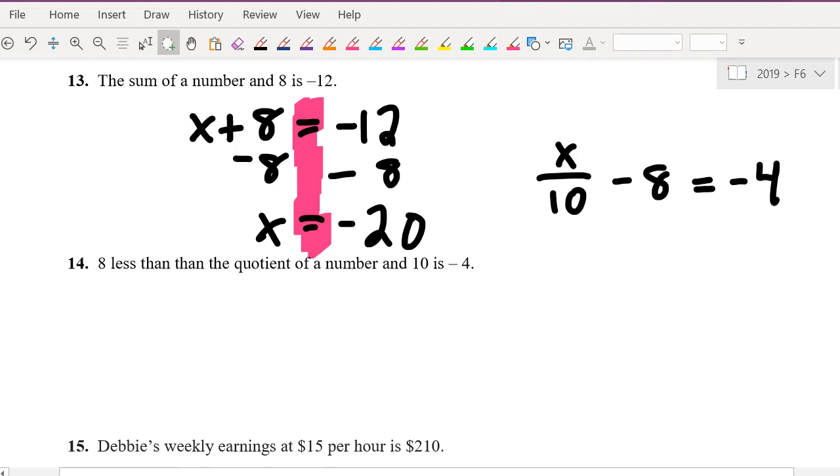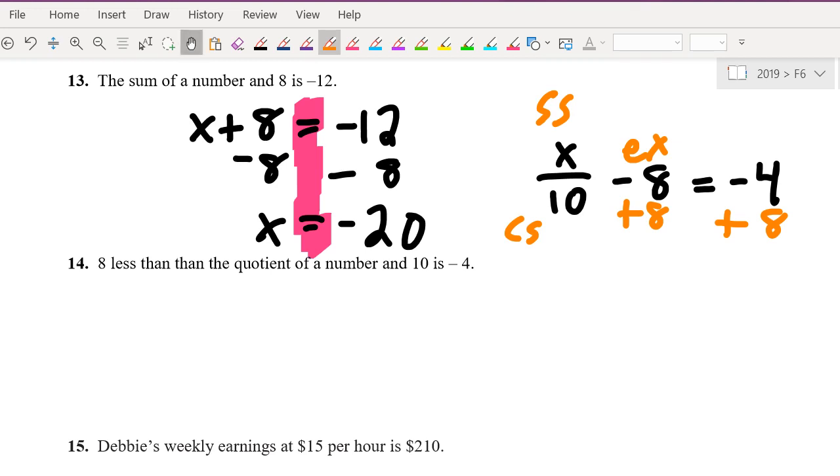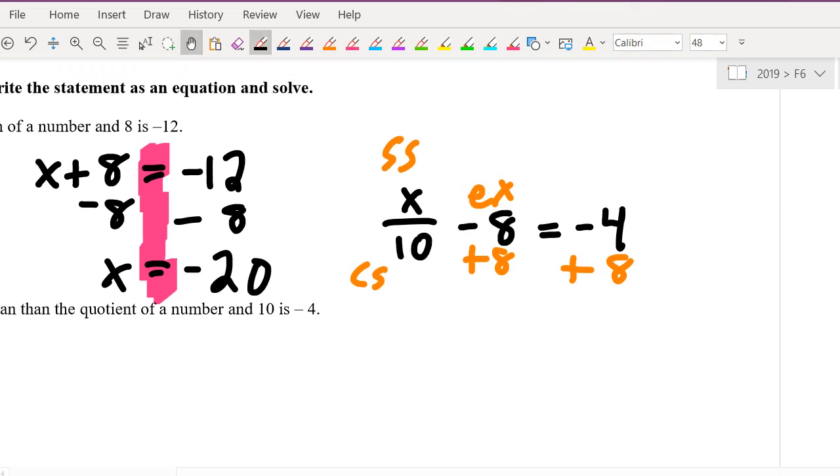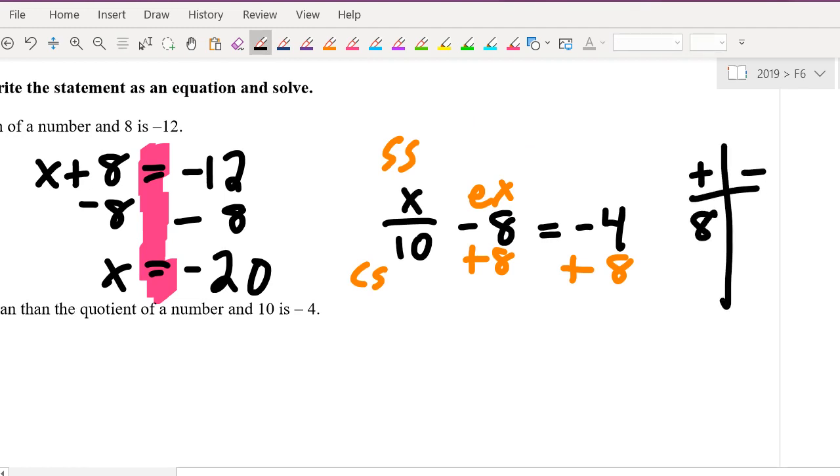Please stop. Thank you, sir. Who's the superstar? X. Who's the co-star? 10. Who's the extra? Okay, get rid of that extra first. Hey, I'm going to use my positive negative thing just to make sure I don't mess it up. Okay, so we've got 8 positive, 4 negative.